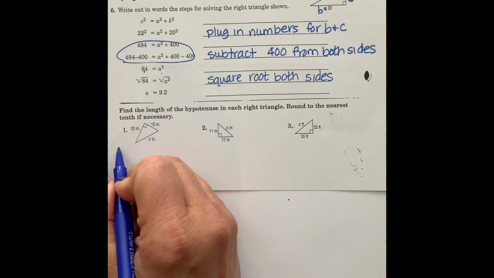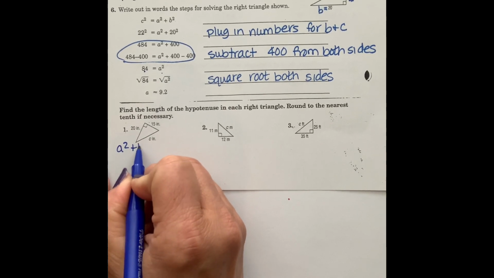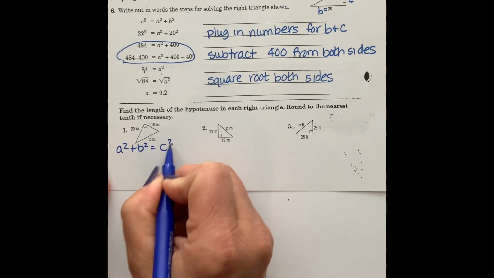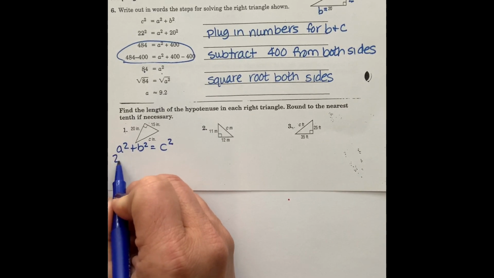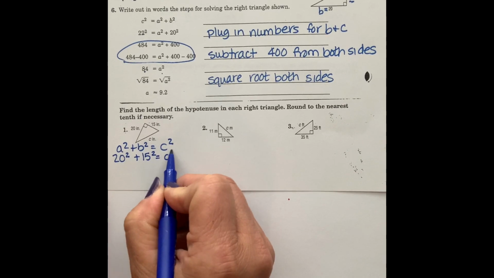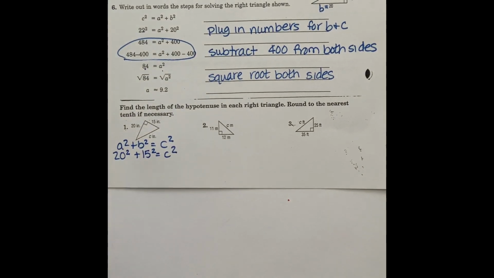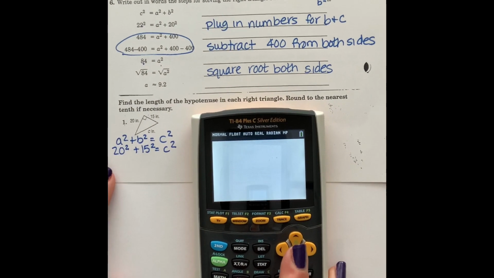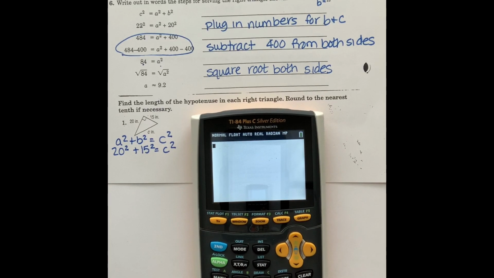So we've got A squared plus B squared equals C squared. We know that A is 20 and B is 15 and it equals C squared. Now you can type in 20 squared and then 15 squared, or if you don't have a calculator that does that, you got to do 20 times 20 and you got to do 15 times 15.